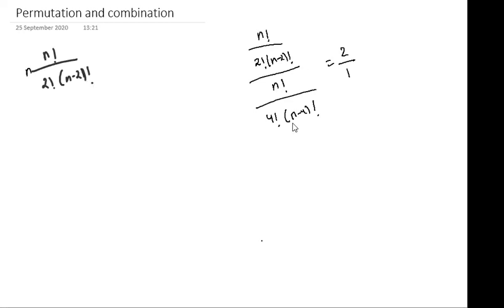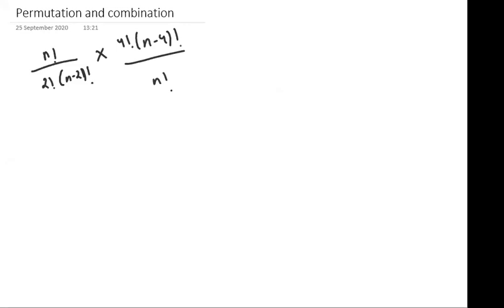When we talk about this division, it will be converted into multiplication: 4 factorial into n minus 4 factorial divided by n factorial, right? This is equal to 2 by 1. If you see this, n factorial will be cancelled.